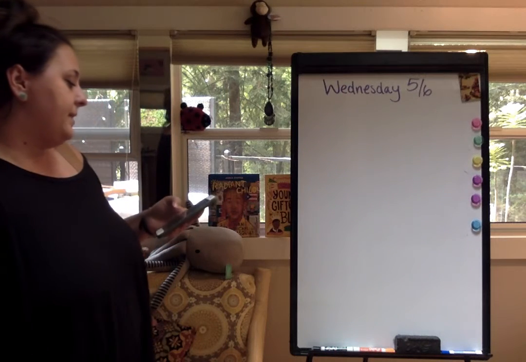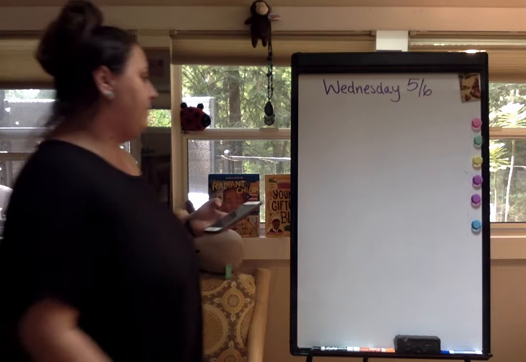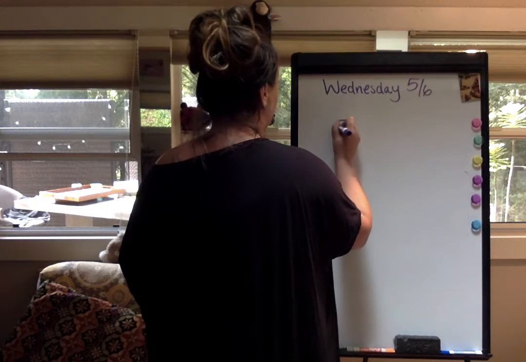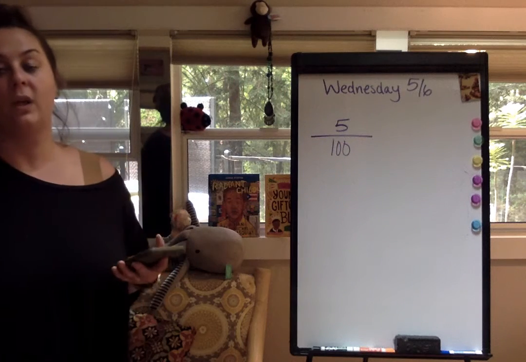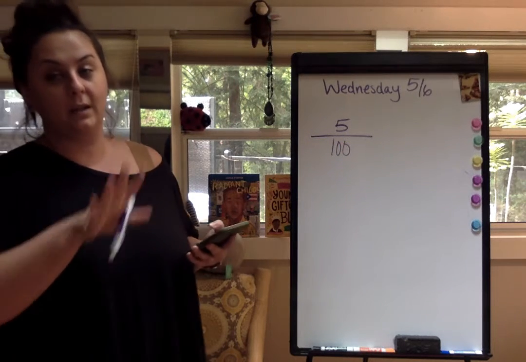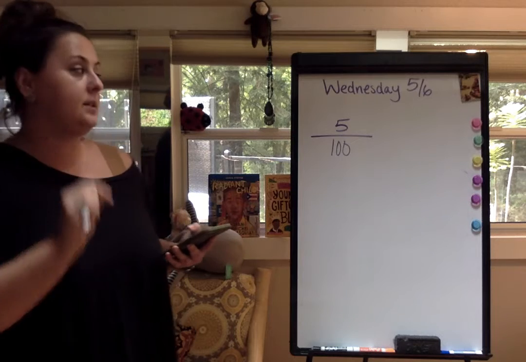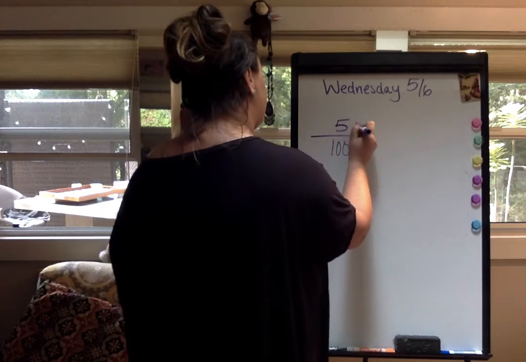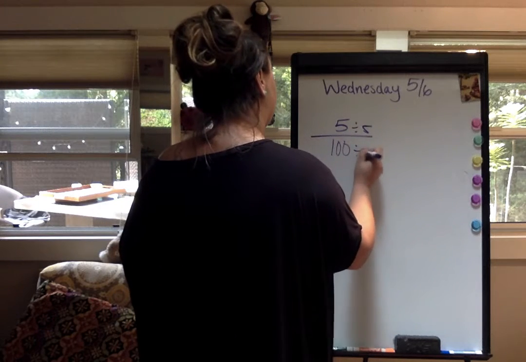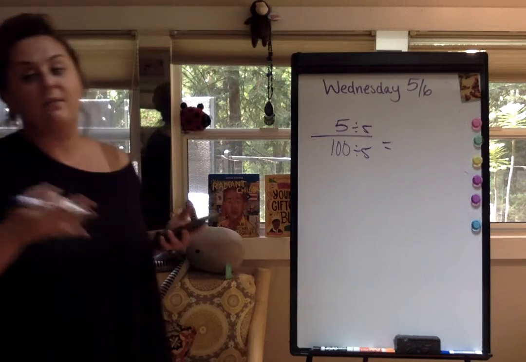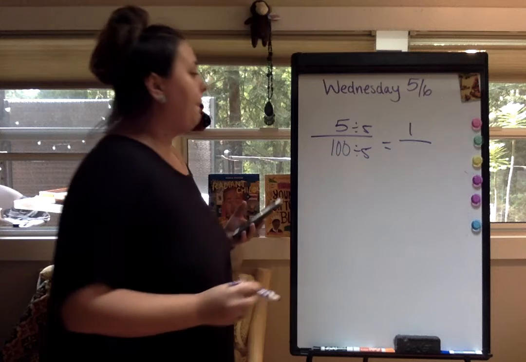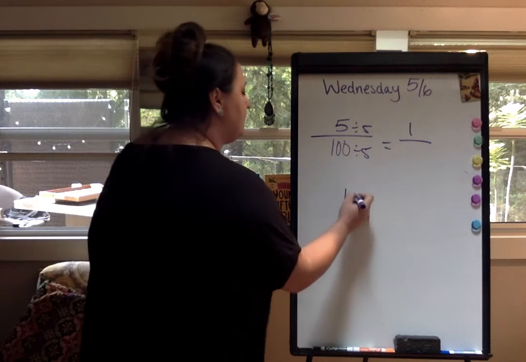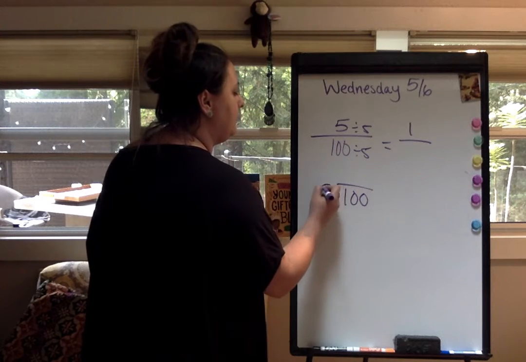All right, now we're going to simplify the fraction 5/100. Now you know that if numbers end in 5 or 0, that it's divisible by 5. So let's divide both of these by 5. You guys know 5 divided by 5, 5 goes into 5 one time. Okay? Now you can do it like this. That's totally fine.